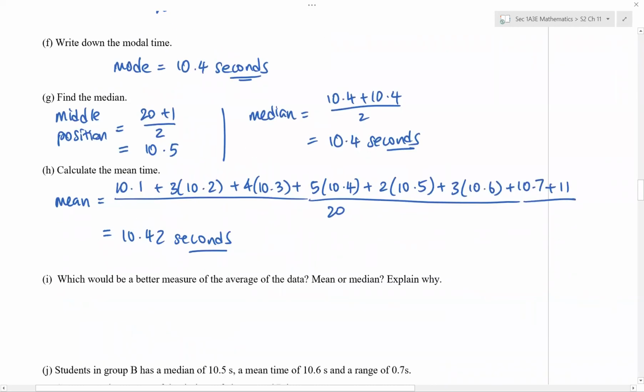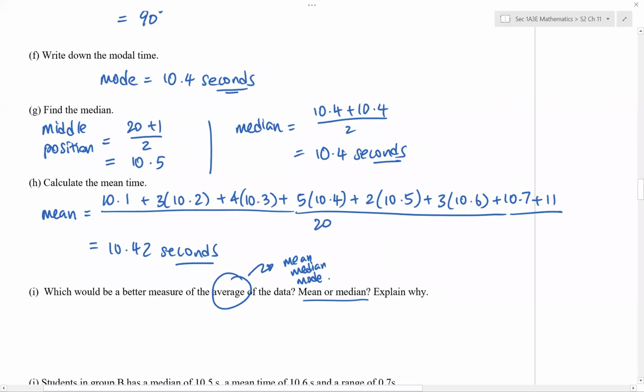So now part I, which would be a better measure of the average. So please take note, when we say average, you have to consider mean, median, or mode. And then the question further specifies that they only want you to consider mean or median.